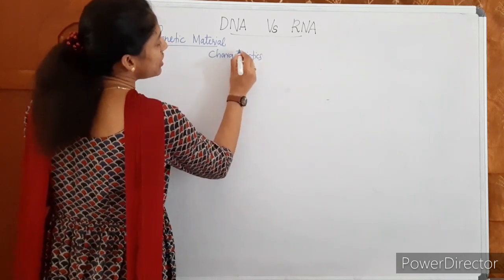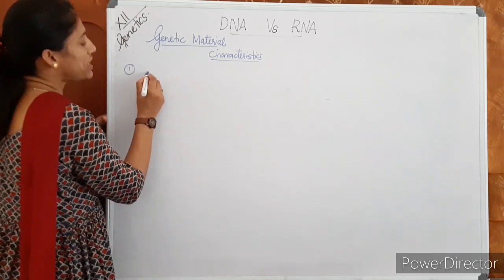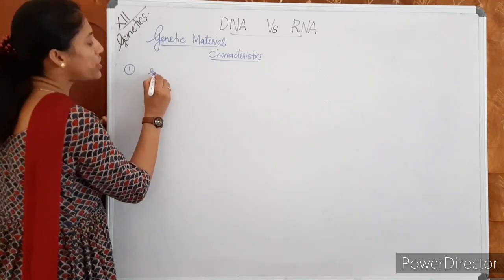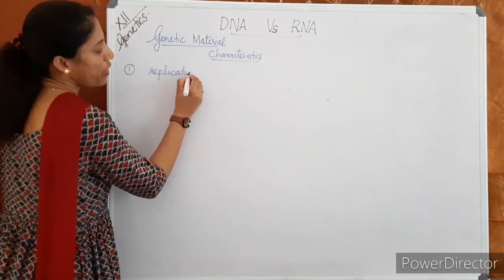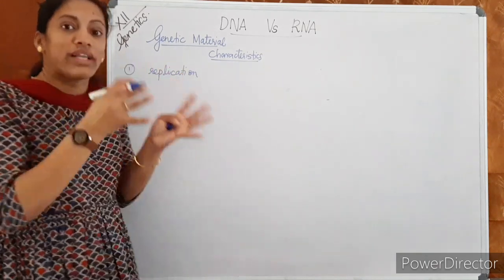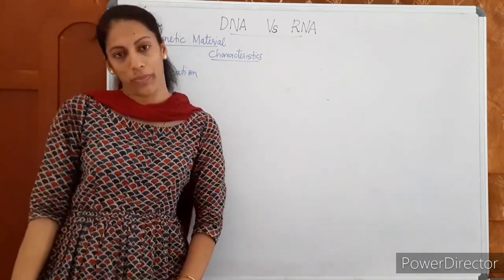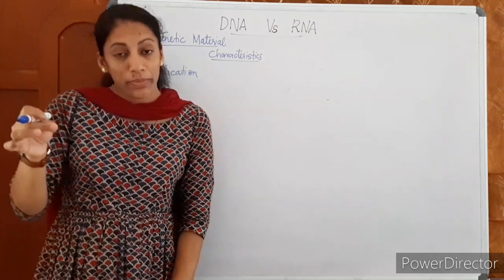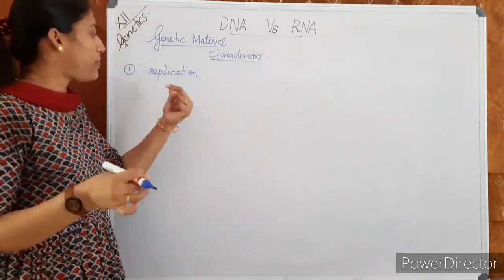When we discuss genetic material characteristics, the first and most important thing is that a genetic material must be able to produce its replica. When it's moving from one generation to the next generation, it should be able to produce its copy. So a genetic material must be able to undergo replication.